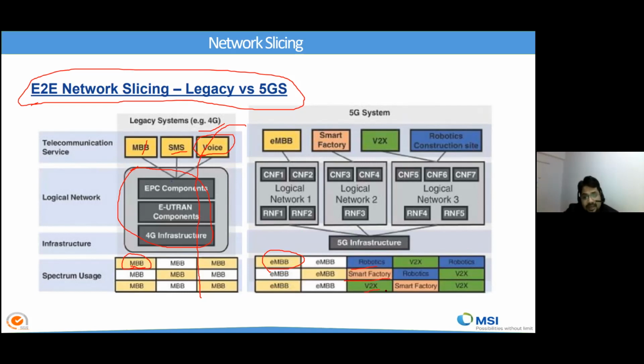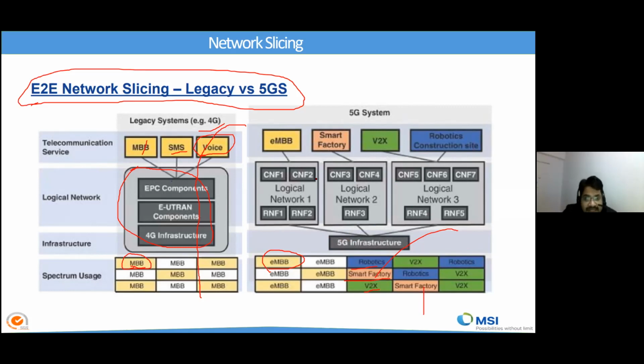Or V2X. And these smart factories, right? These smart factories come under the category of massive machine type communication, or massive IoT, right? So these are the different use cases when we talk about 5G. And in order to serve these use cases, 3GPP defined the concept of network slicing.